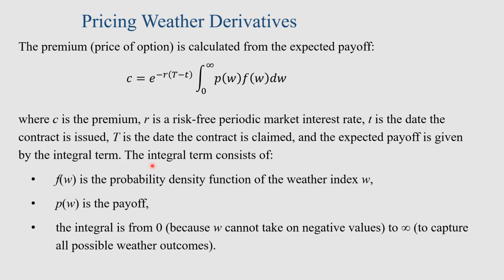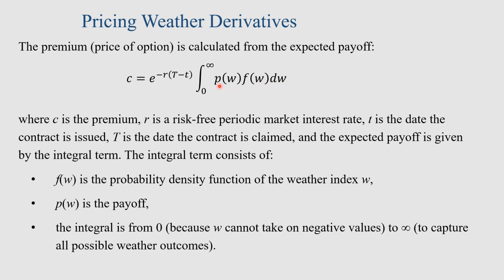So let's first understand the integral term. It consists of this payoff, which we saw in the previous slide, plus this density function, which is the probability density of various weather outcomes.